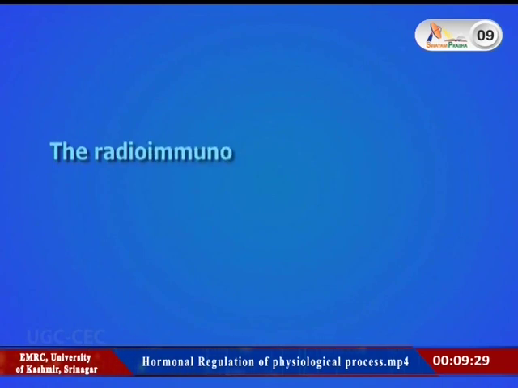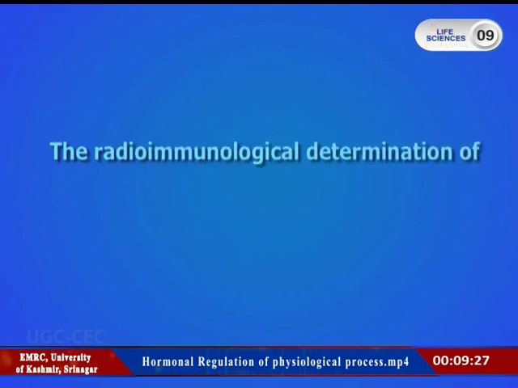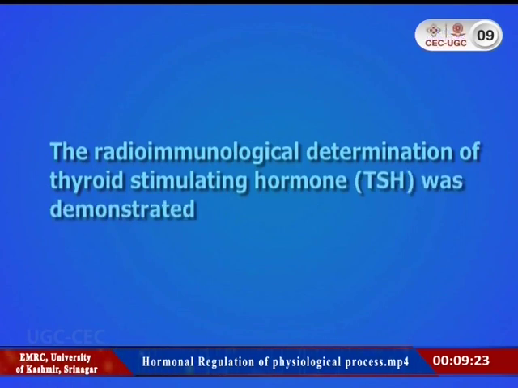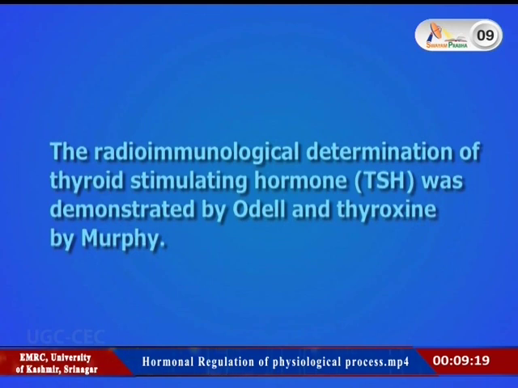Though not strictly an immunological test, the principle of competitive binding of the compound under test to a specific protein remains the same. The radioimmunological determination of thyroid stimulating hormone, that is TSH, was demonstrated by Odell and thyroxine by Murphy.